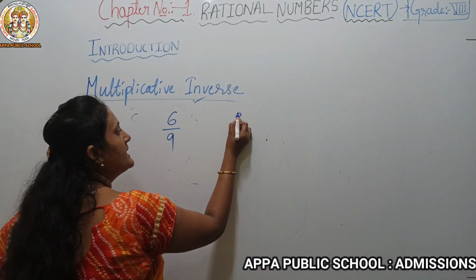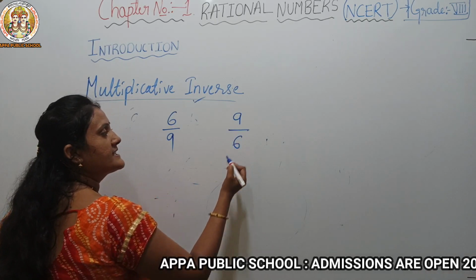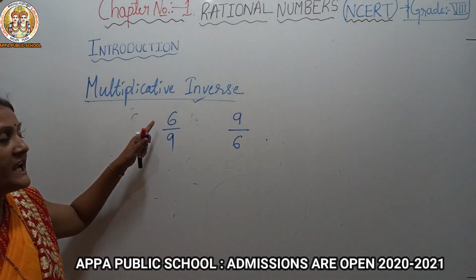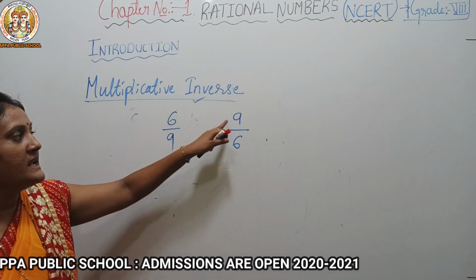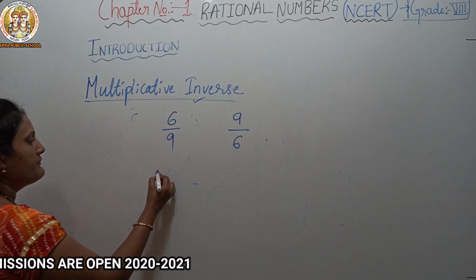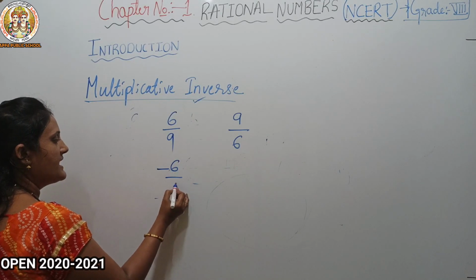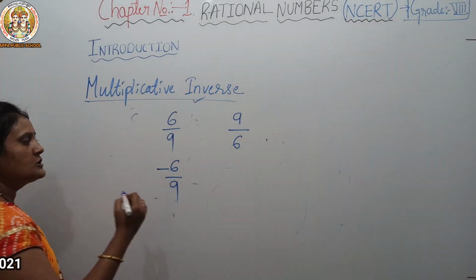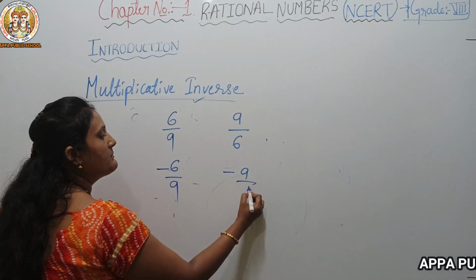The answer will be 9 by 6. The multiplicative inverse of 6 by 9 will be 9 by 6. We have to write the reciprocal, upside down. If it is minus 6 by 9, then it will be minus 9 by 6.